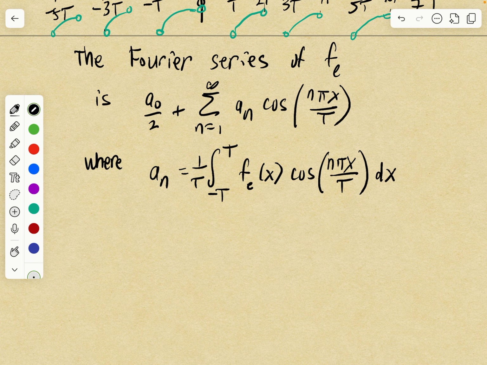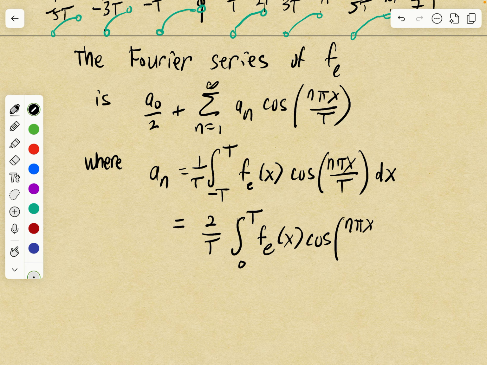However, since f sub e is even, we know this is going to be 2 times the integral from 0 to t. So you're going to get 2 over t times the integral from 0 to t of f sub e of x times cosine of n pi x over t dx. That's because f sub e is even.